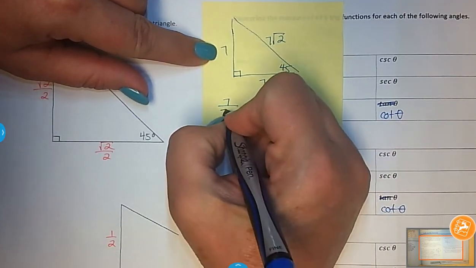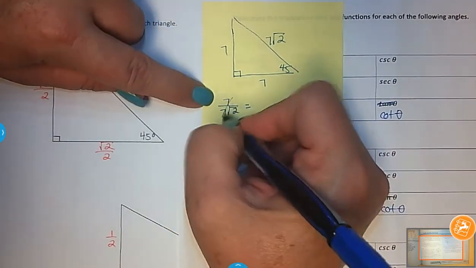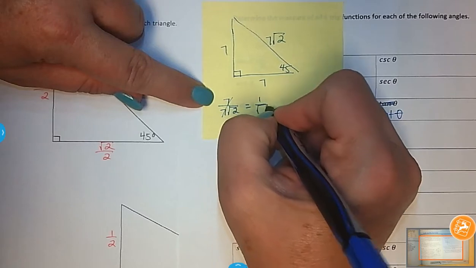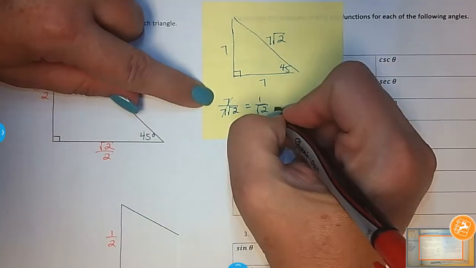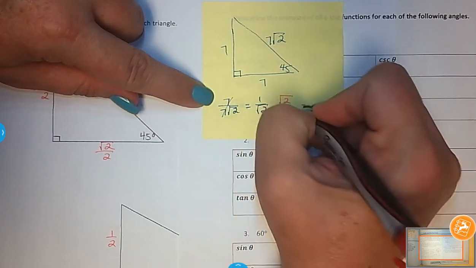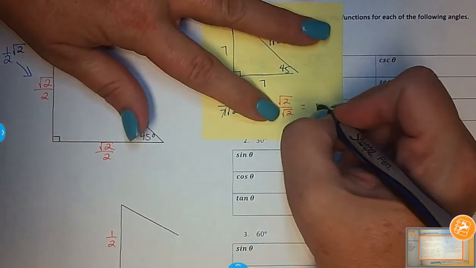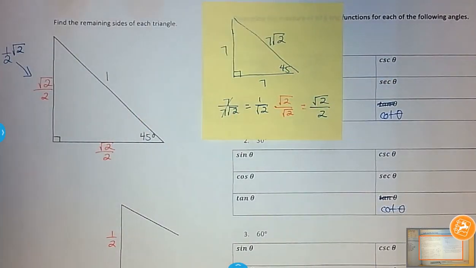Your hypotenuse is 7 square root of 2. Your 7s will cancel, leaving you with this. You have to rationalize it. And that's going to give you square root of 2 over 2. So it's going to simplify to the same thing, because the sine of 45 degrees is always square root of 2 over 2, regardless of what numbers are on the triangle.